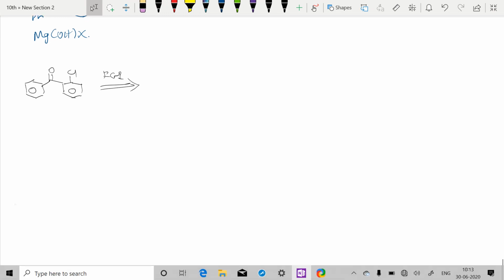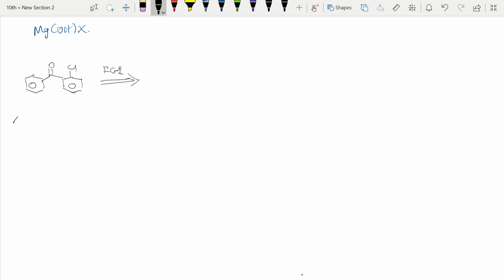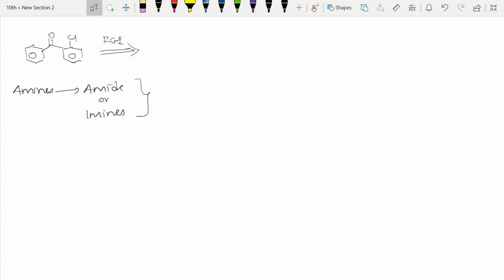I told you if an amine is there, we convert it into an amide, or sometimes into an imine based on the substitution, and then we do retrosynthesis. Similarly for alkene, I have explained that if an alkene is there, I convert it into an alkyne, then I do retrosynthesis.